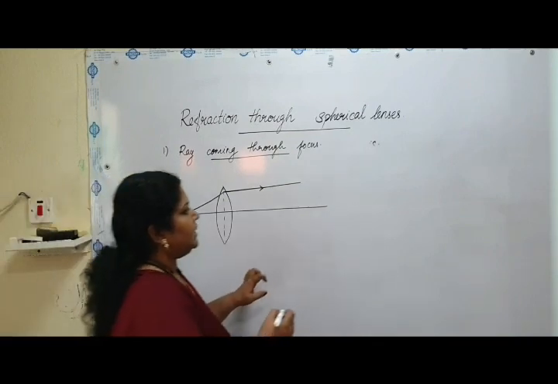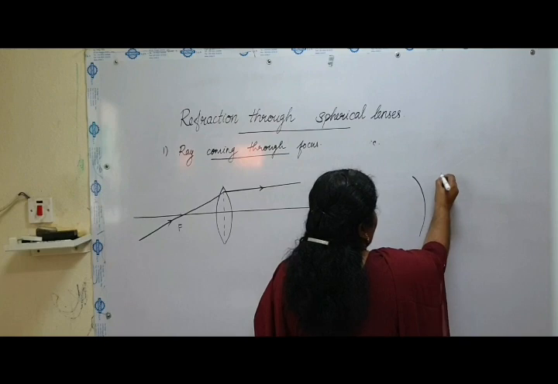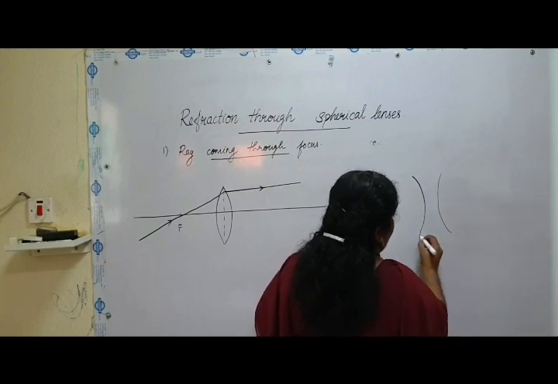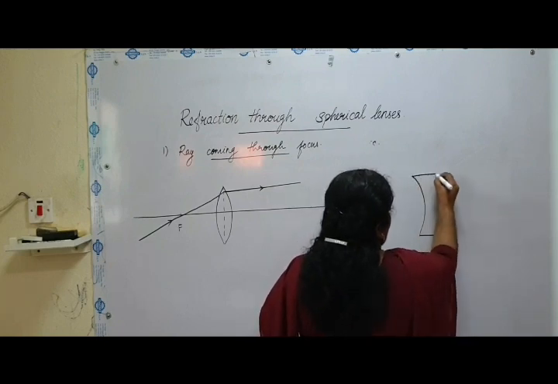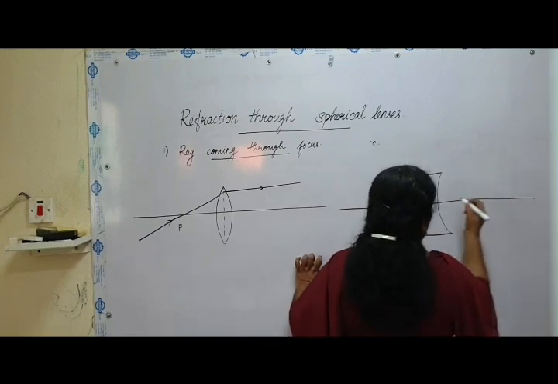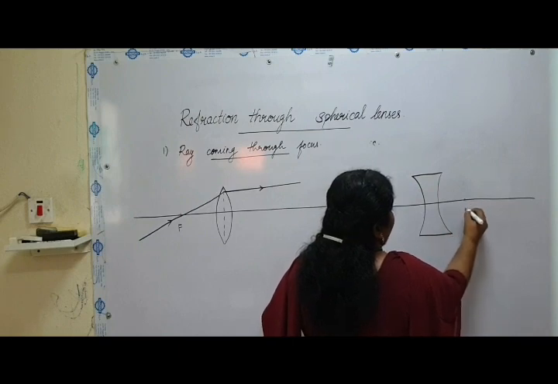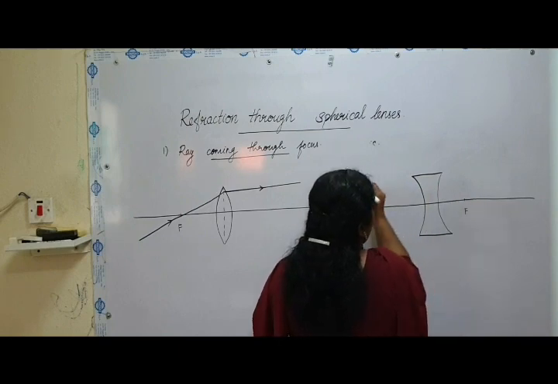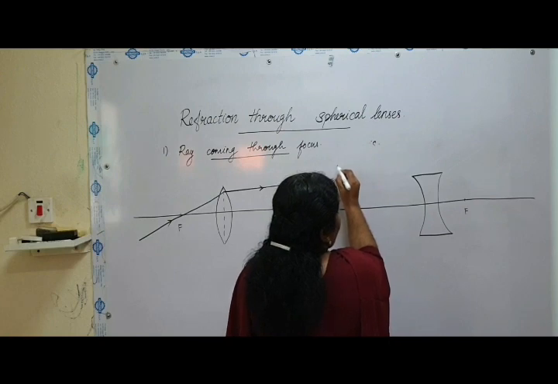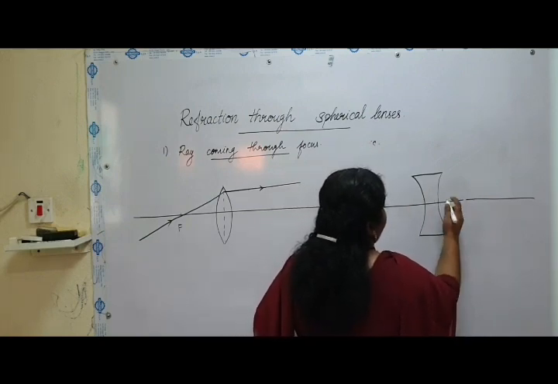Now for a concave lens we will draw. So principal axis. Now here there is a focus. So a ray which is pointing to this focus.